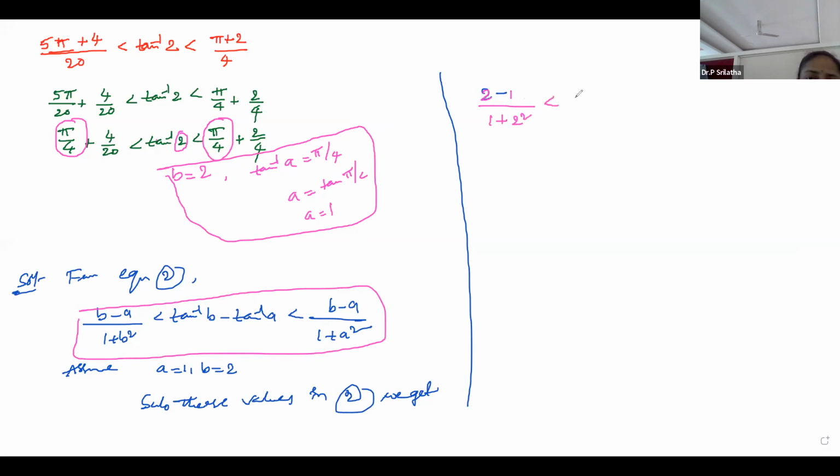So is less than tan inverse B, that is nothing but tan inverse 2 minus tan inverse A. A value here is 1, is less than B minus A, that is 2 minus 1 divided by 1 plus A square value, that is 1 square. Okay. So all of you simplify this equation. Do it fast.